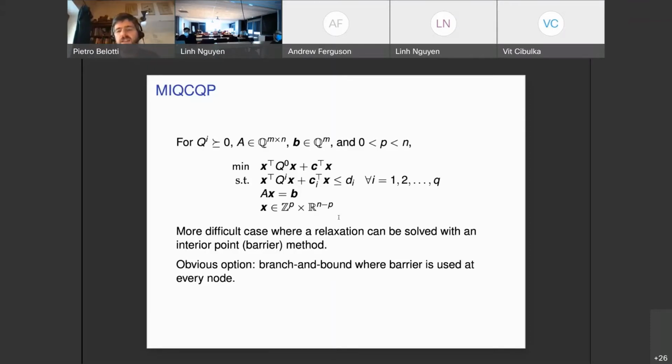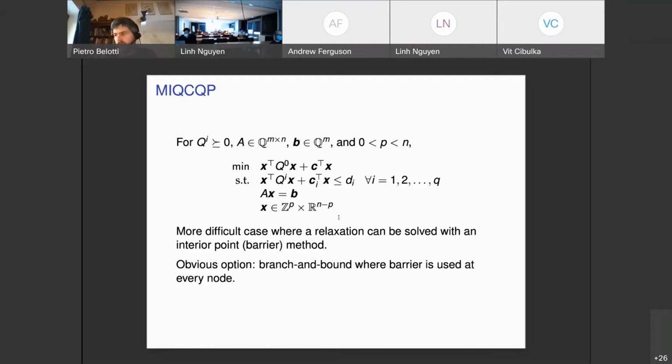And the big disadvantage with this, although it's not always the worst thing to do, is that every branch and bound node has to start a new optimization, a new solve through a barrier method, the interior point method, which can be rather inefficient because the barrier method is extremely efficient when done once.